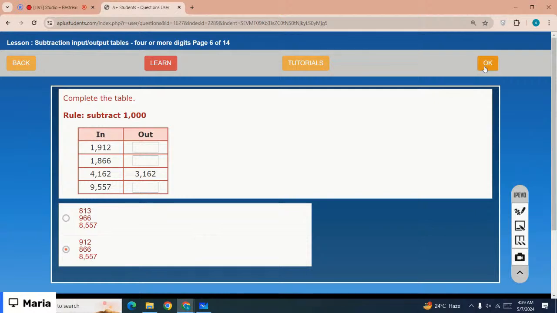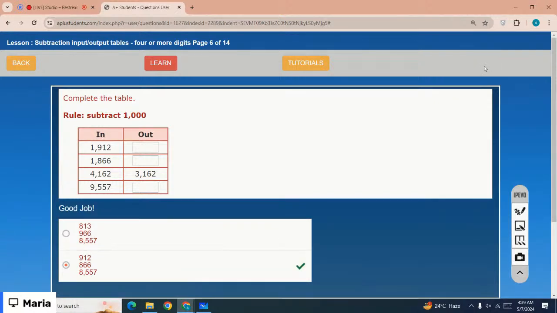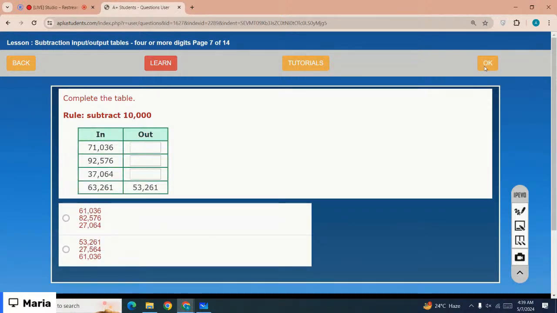That is the second one. Complete the table.